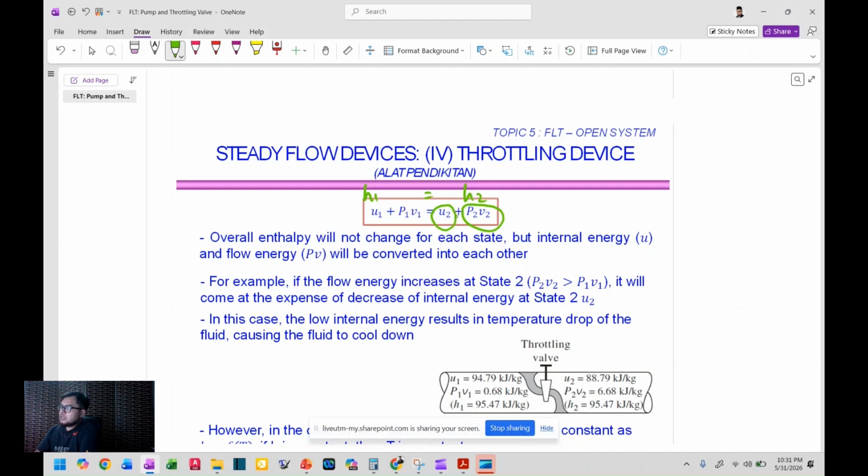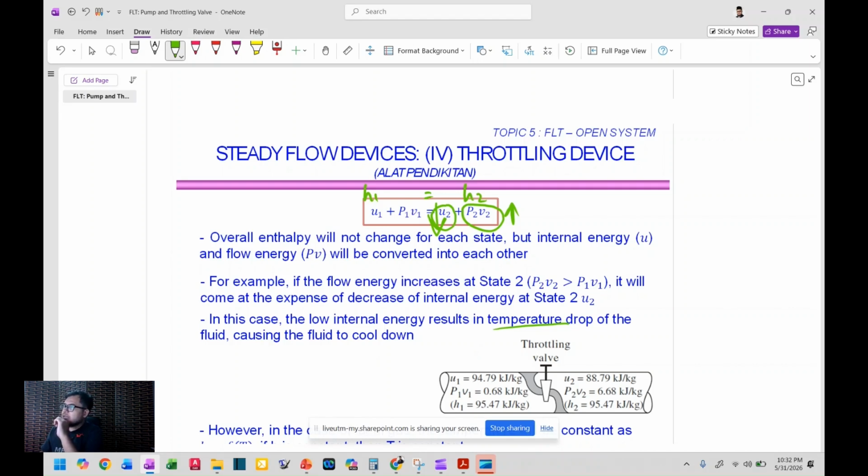So if you have high P2V2 and low internal energy U2, that implies that there is a temperature drop of the fluid, and that means the working fluid is being cooled down.